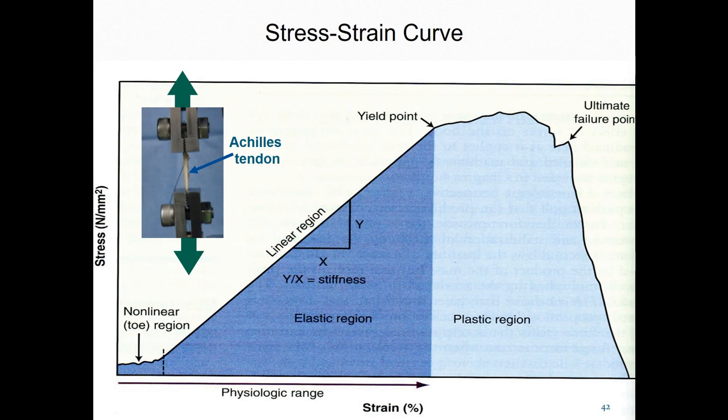A tissue that's elongated beyond its physiologic range eventually reaches a yield point. The physical behavior of an overstretched tissue is referred to as plasticity. The overstrained tissue has experienced plastic deformation. So we see we have two main regions going on in this graph. We have an elastic region and a plastic region.